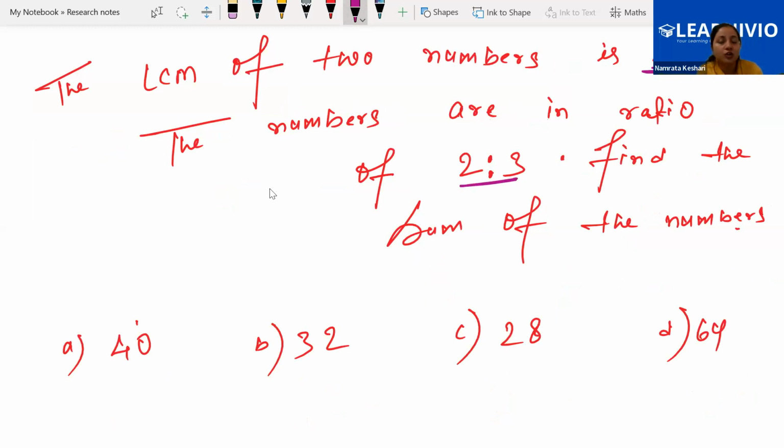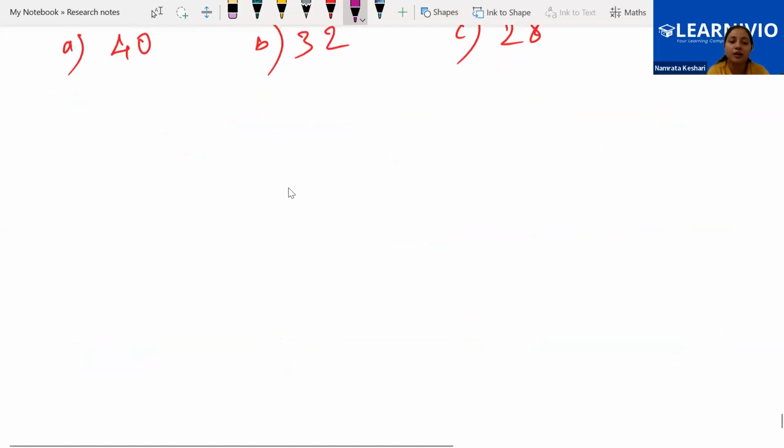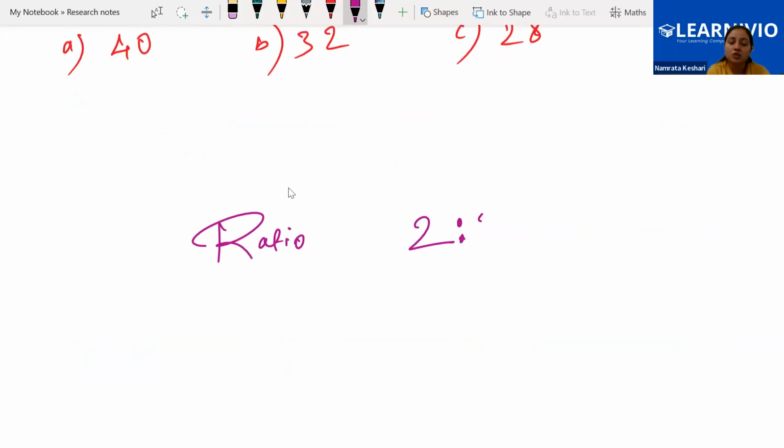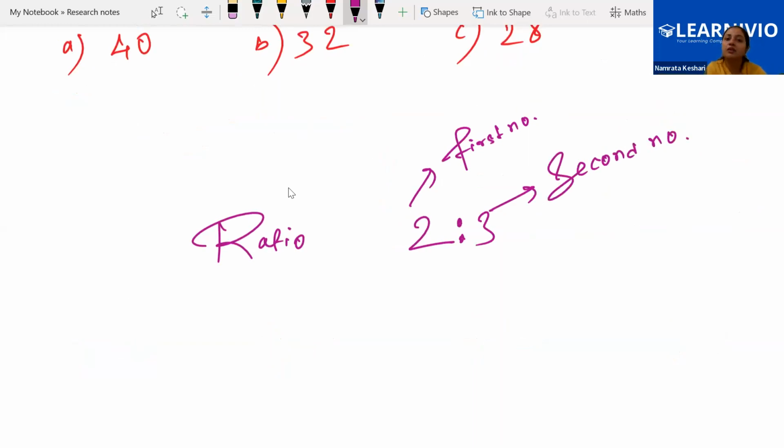Whenever we have a ratio, we can separate the terms of the ratio, but at the same time we have to take a common variable with both the numbers. The first one represents the first number, the next one represents the second number.